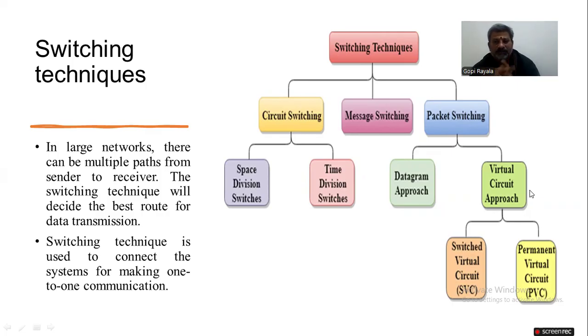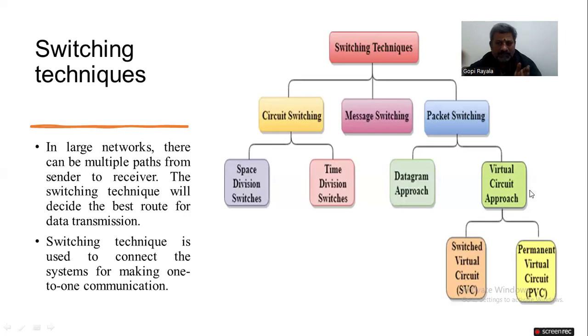So there will be a person sitting at the corner, who observes which channel is free. My signal came to that point, and that switch observed that this channel is free, so it can go in this channel. So he provided a channel for me to go.